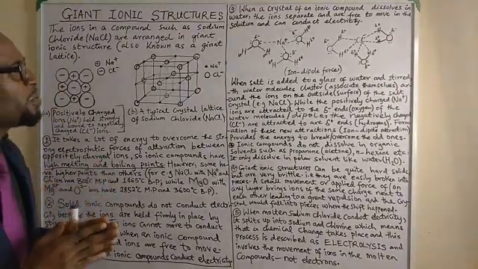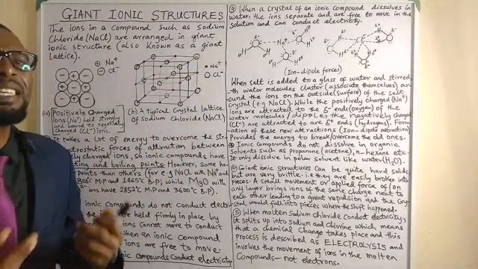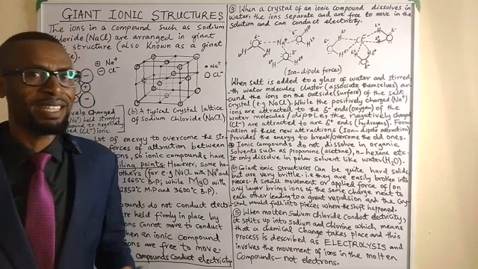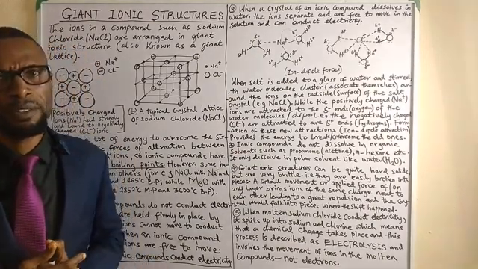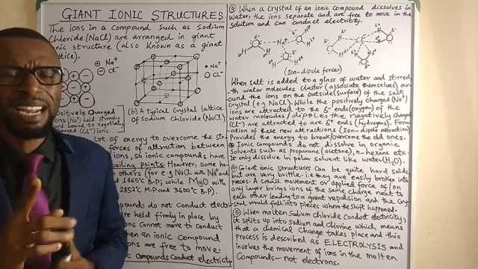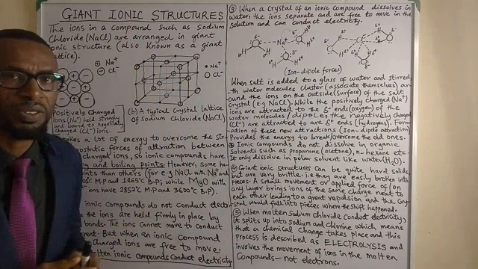Now, it is important to know that if you understand giant ionic structures, it's easy for us to describe the key properties of different ionic compounds. There are 5 key points that we're going to use to describe the giant ionic structures.